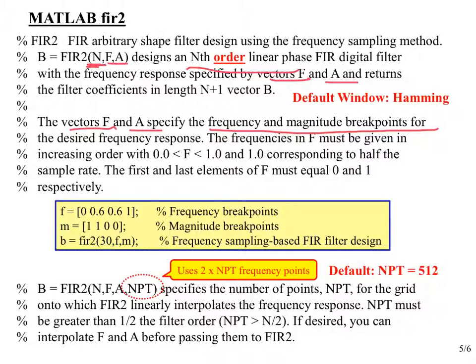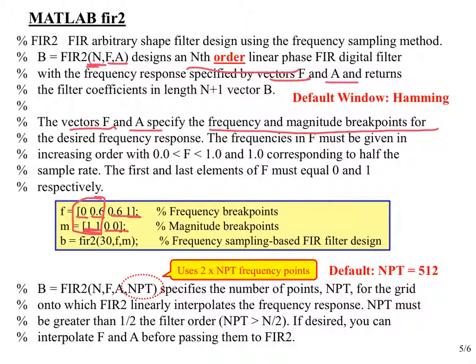Down here we're saying 0 to 0.6 and 0.6 to 1. That's defining two different regions. So 0 to 0.6 would be our pass band, and 0.6 to 1 would be our stop band. From 0 to 0.6, we're specifying the magnitude to be 1 over that interval, and then from 0.6 up to 1, we're saying it should be 0.